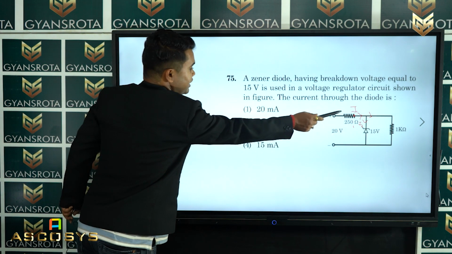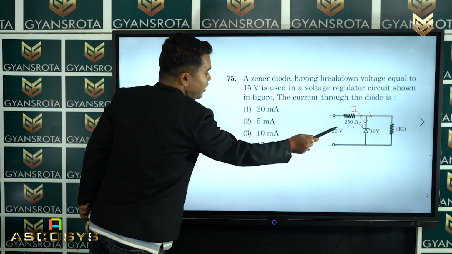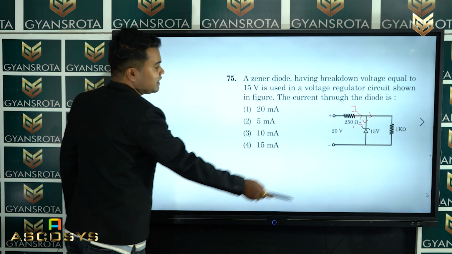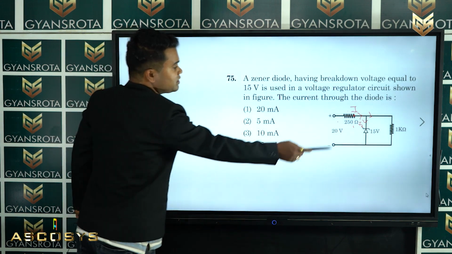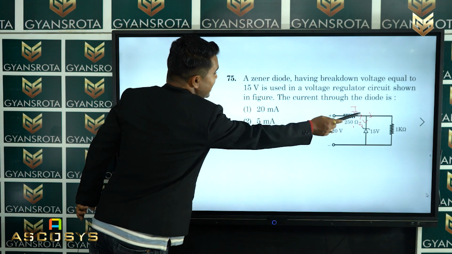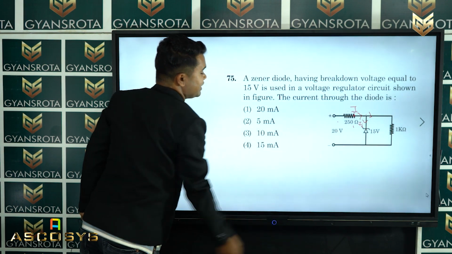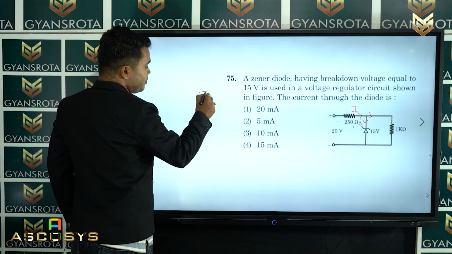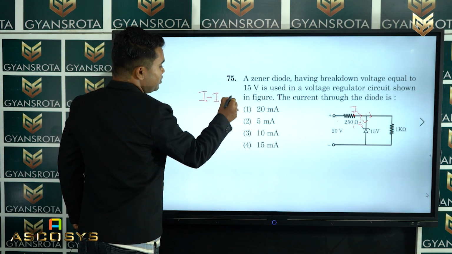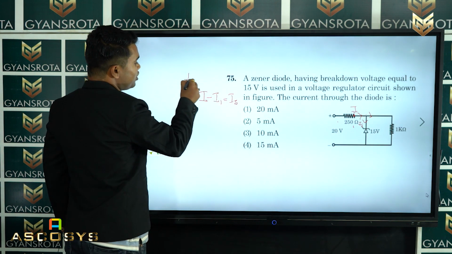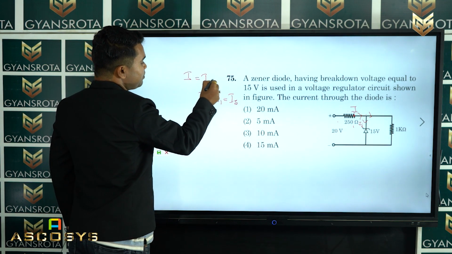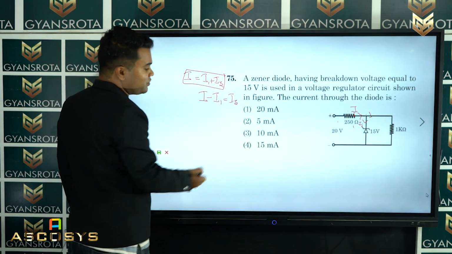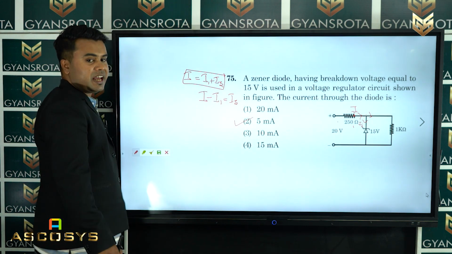You have the potential difference at this point and at this point, and the resistance is given, so find out this current, and then finally I minus I1 will be equal to IZ, because according to Kirchhoff's law, I equals I1 plus IZ. With the help of this, you can solve this. So the right answer for this question is 5 milliampere.